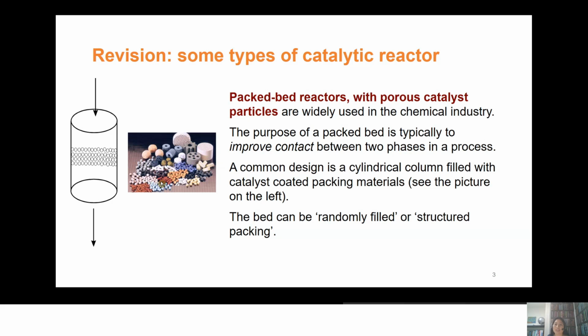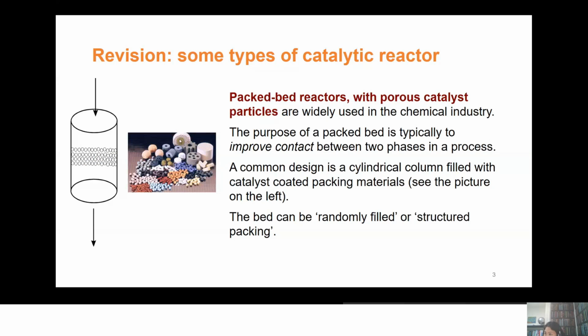Or you can also have a structured bed, for example a monolith. From its name, mono, your catalyst is just one whole piece, usually with a honeycomb structure to maximize the surface area. You can see one at the back of the picture. That is a monolith. It's just one big piece of catalyst sitting inside your reactor.